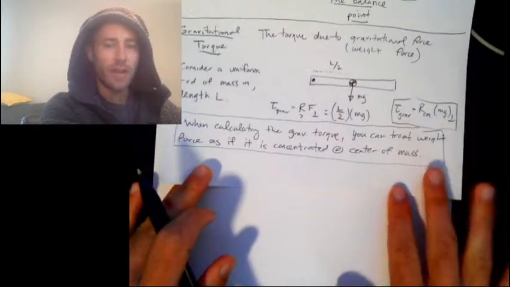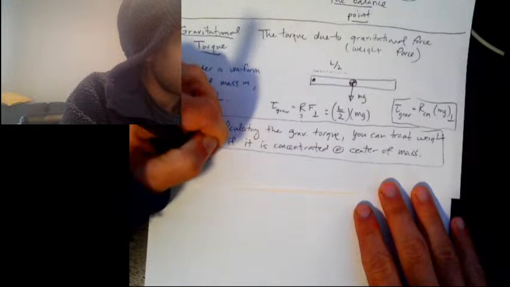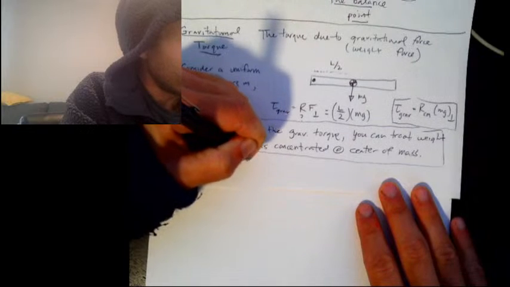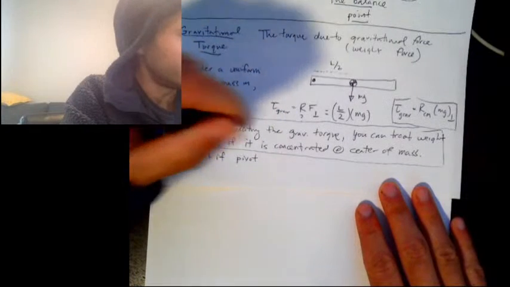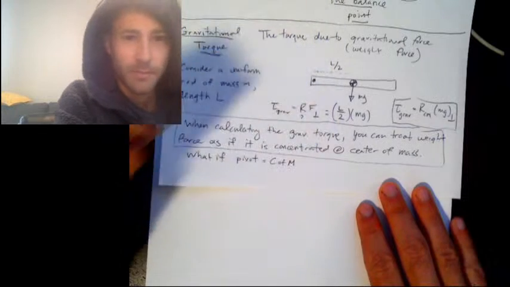So I would like to ask a question, which is, what if the location of the pivot is equal to the location of the center of mass?